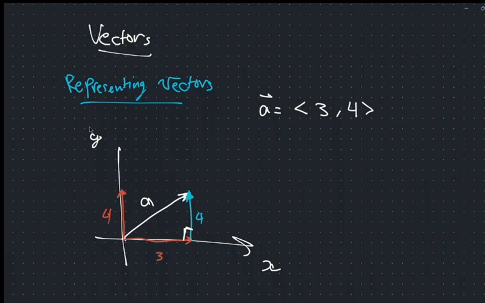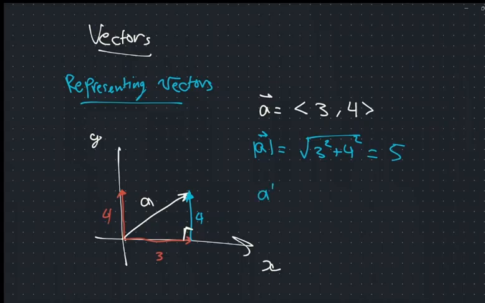So the magnitude of A is going to be equal to the square root of 3 squared plus 4 squared, which is again equal to 5. So we can derive an equation for finding the magnitude of any vector.